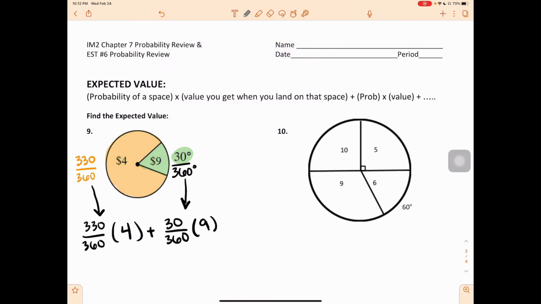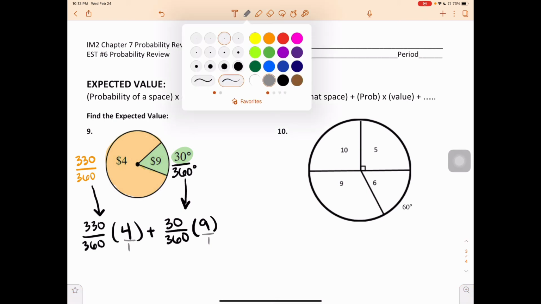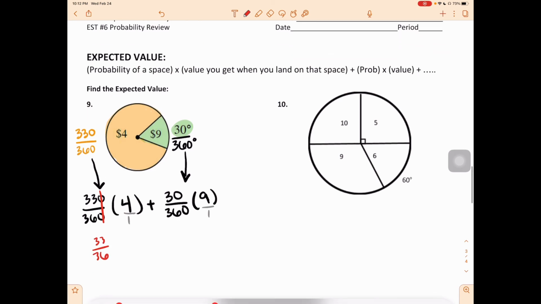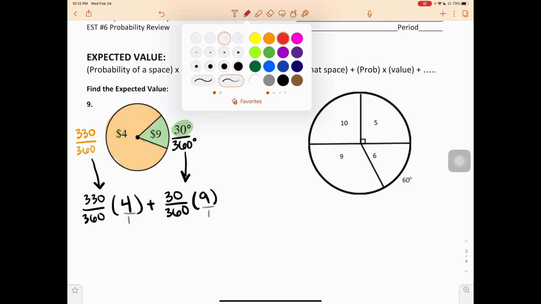If you remember to multiply, you have to put this over 1, but we can also simplify a little bit here. You guys see here, 330 over 360, we can cross out the zeros. Then we're left with 33 over 36. You can also divide top and bottom by 3 and simplify it if you wanted to. However, you do not have to. We could leave it like this.